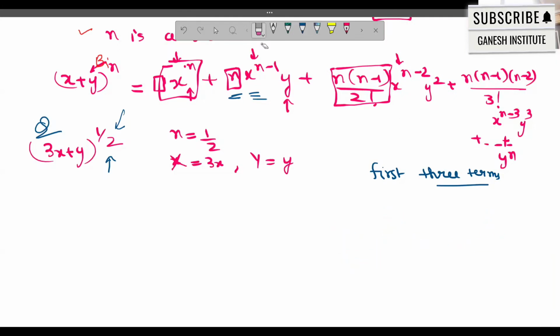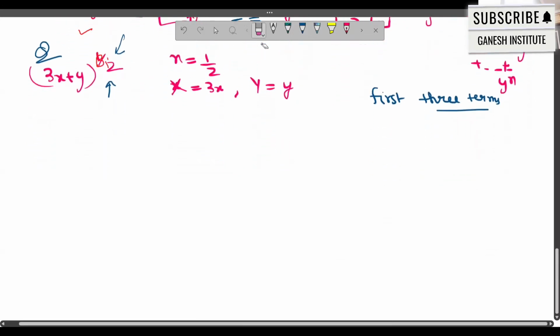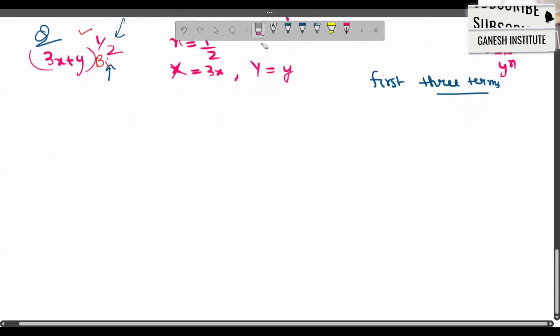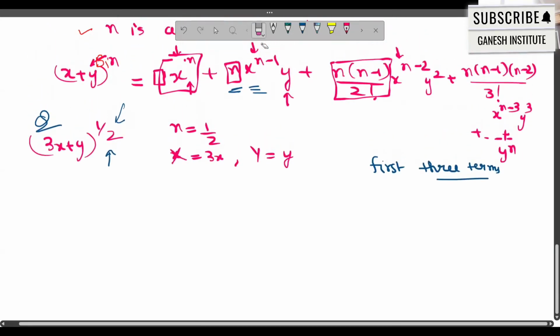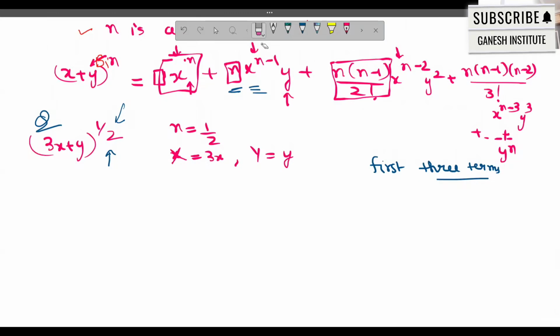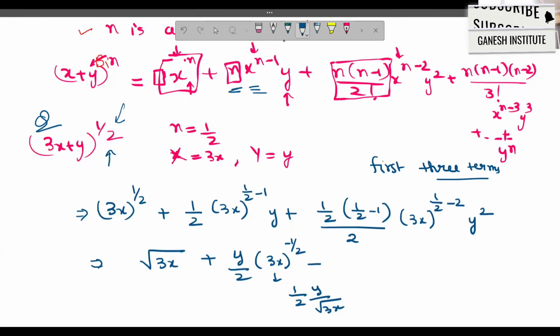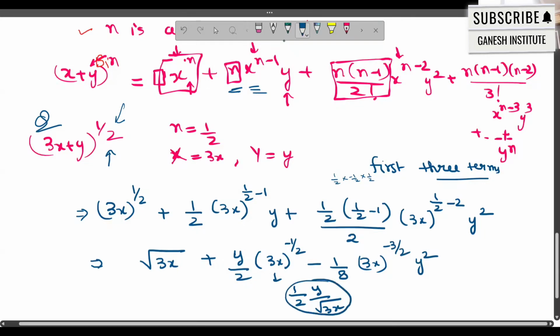Okay. So, upon 2 x minus 3 upon 2 y square.